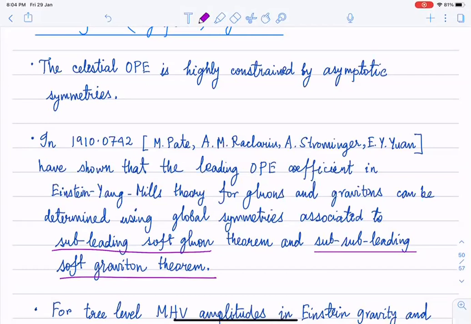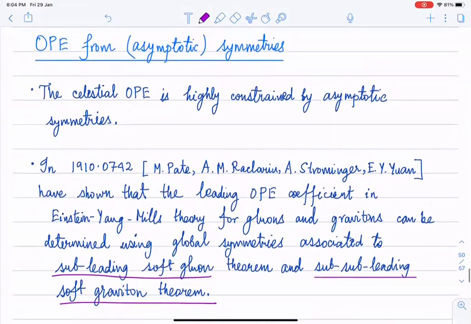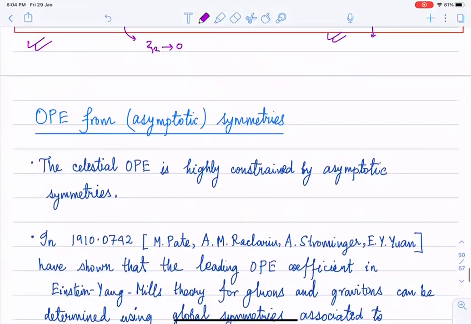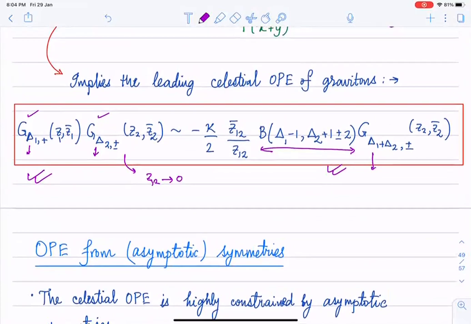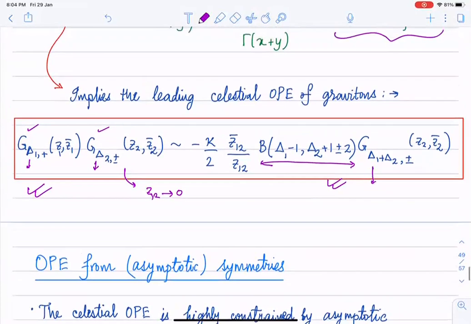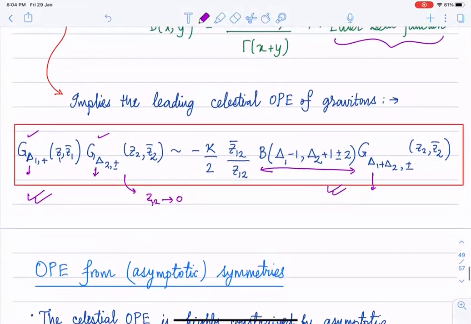Motivated by their paper, Shamik and I wanted to understand two questions, and the first question was: what is the structure of the subleading terms in this OPE?